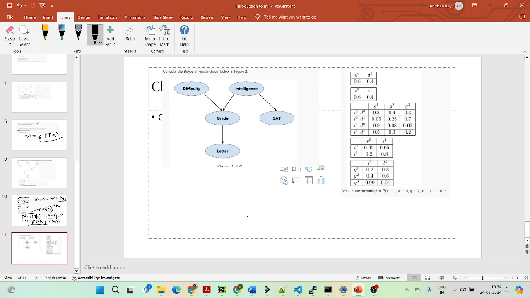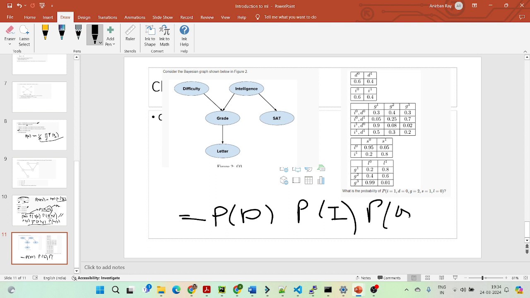This joint probability can be written in what way? P of D, which is independent of everything. P of I, which is independent of everything. P of G given D and I. Very easy, right?